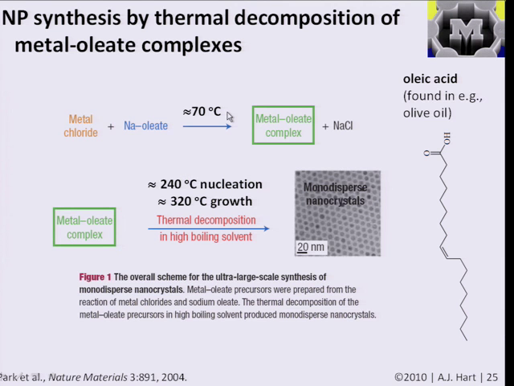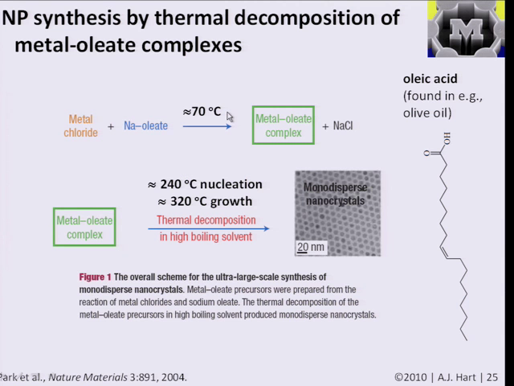What they do is start out with a metal salt, and this is a general diagram for a bunch of specific processes they do. For example, a metal chloride like iron chloride, FeCl3, which is a fairly low-cost salt, and a compound of sodium and oleate, which is the derivative of oleic acid, a fatty acid found in a lot of fats, vegetables and animals.